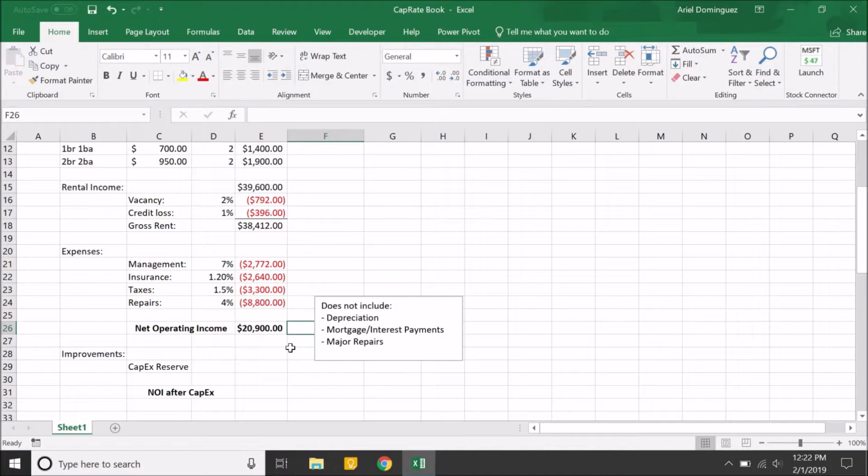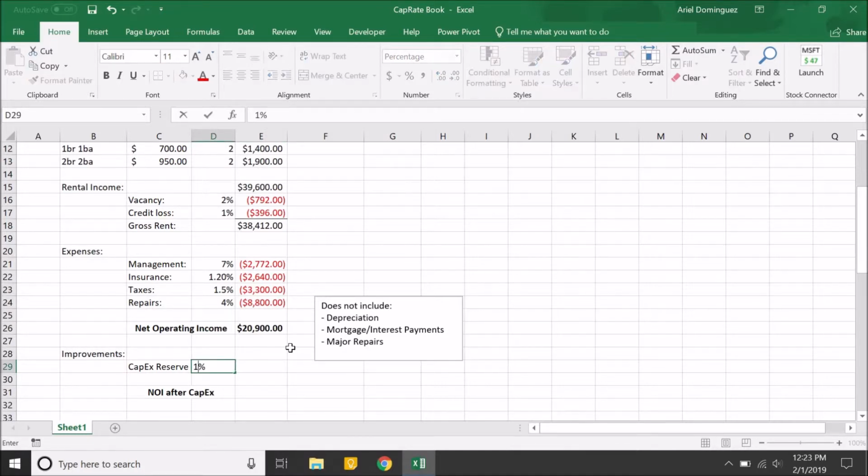So for the major repairs, we could have a reserve account, basically a percentage of the market price that you'll not necessarily expense each month or even each year, but is money that you set aside for major repairs like replacing the roof or any major improvements down the line.